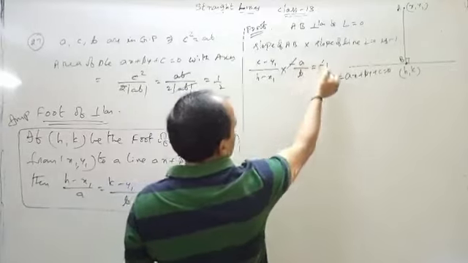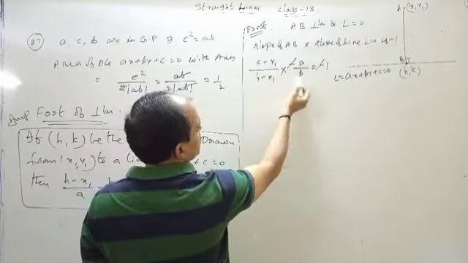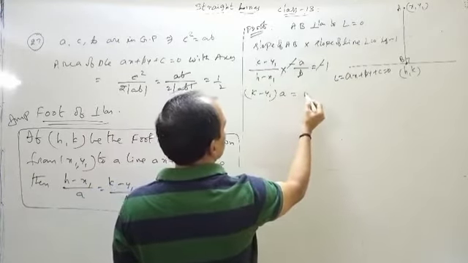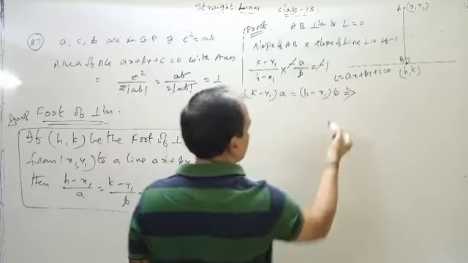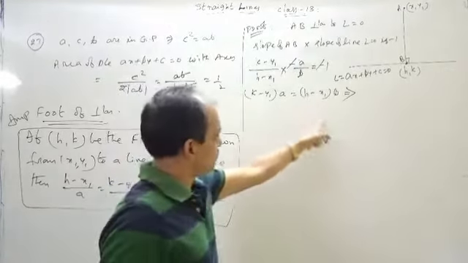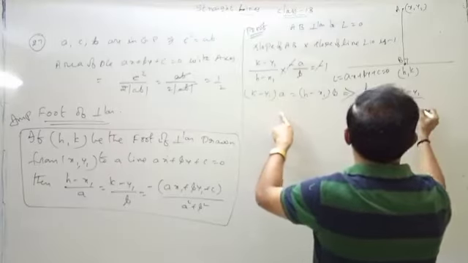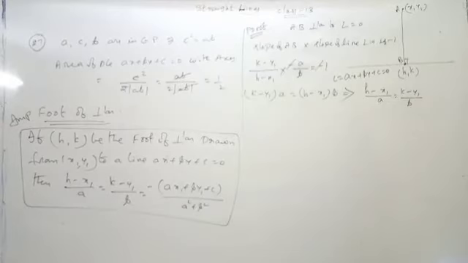Now the minus signs get cancelled. So you can write (k − y1) times a is equal to (h − x1) times b, or you can write (h − x1)/a = (k − y1)/b.